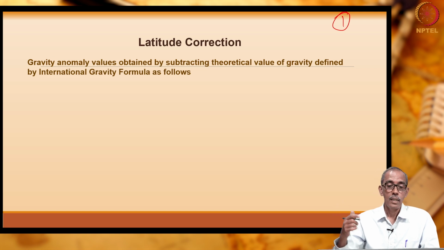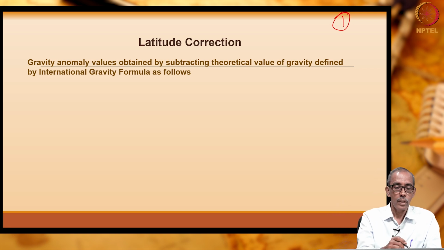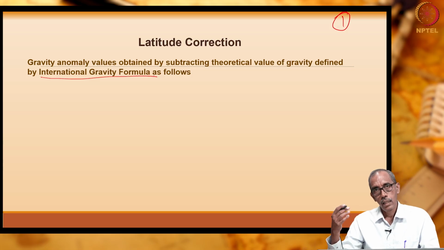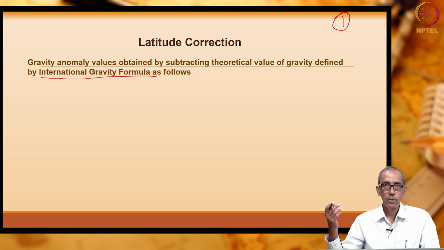We used a formula known as the International Gravity Formula during our physics laboratory, in which we would have used a simple pendulum to determine the acceleration due to gravity of the location at which you carried out the experiment.